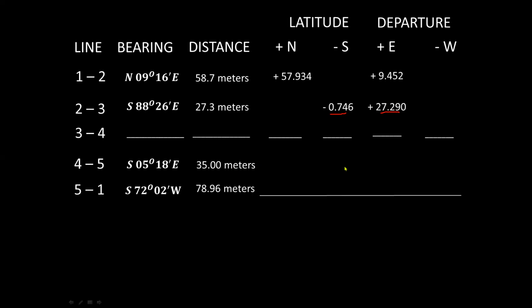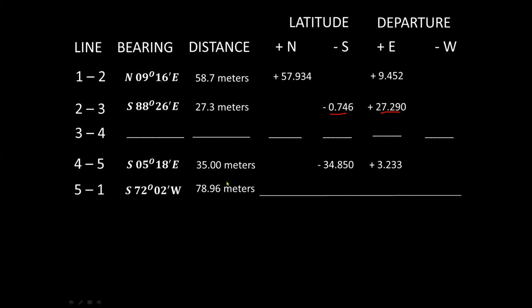So again, using cosine to determine the value of the latitude under negative south, we have negative 34.850. And next, for east, we write it here. So we obtain a result of positive 3.233.